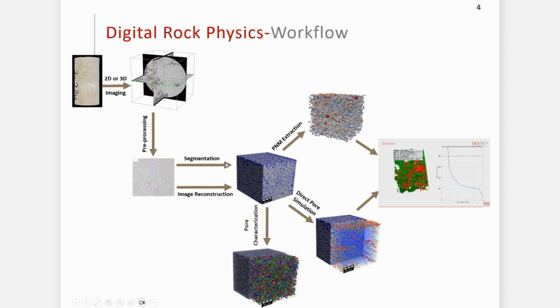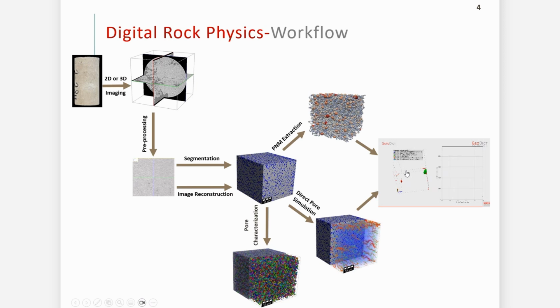Then we go for the segmentation task. And here we can either go for pore or solid characterization, or we can go for numerical models. We can use direct Pore-Scale simulation, the same as FlowDict is doing, or we can extract pore network models and do pore network analysis to predict the properties of the rock sample.